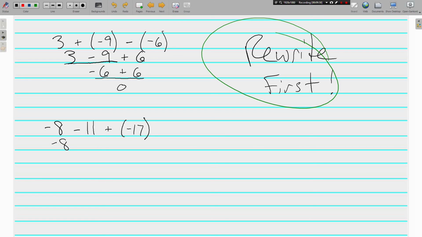Negative 8's okay, negative 11's okay, but adding a negative is the same thing as subtracting. Now I just have 3 negative numbers to combine. 8 negatives and 11 negatives is 19 negatives. And then 19 negatives and 17 negatives is 36 negatives.